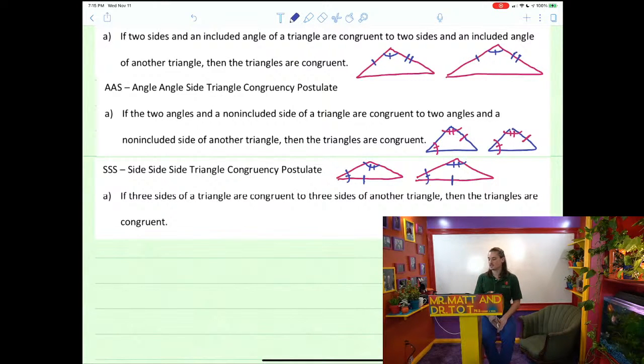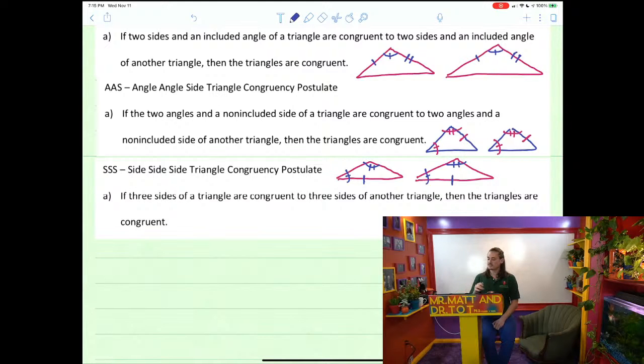You just have to make sure that they're the same sequence around the triangle for both of the triangles. If it was a mix match between these two pairs, if you had one of the blue triangles and then one of the red triangles, that would not prove angle angle side because they're not in the same sequence. So they do need to be in the same sequence going around the triangle.